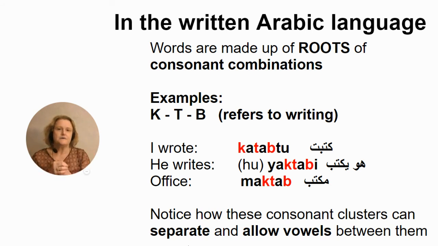That's basically how you make words, and adding the vowels in different ways will make it a grammatical meaning. So KTB is the most famous example of that. And notice here in I wrote, KTB are separated by vowels, all of them. But in he writes and office, KT is together, and then there's an A in between T and B.